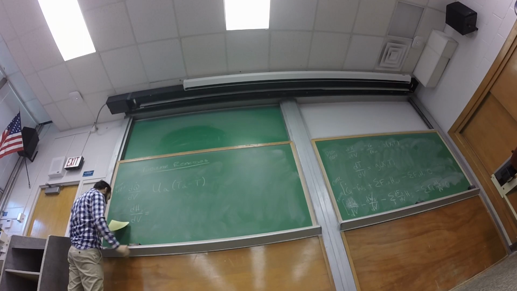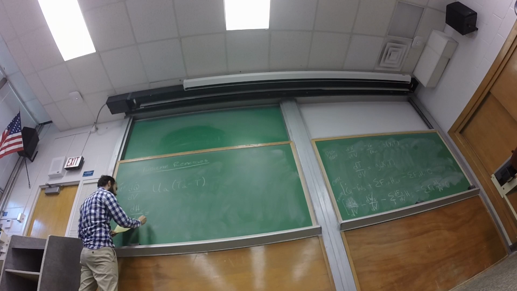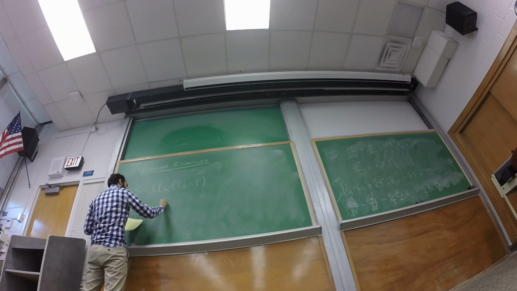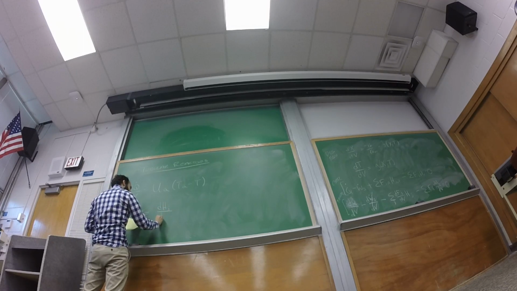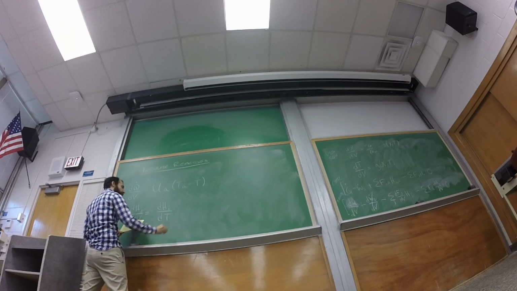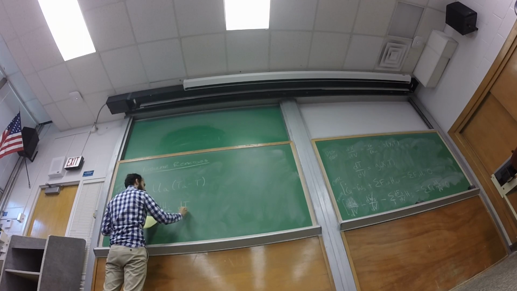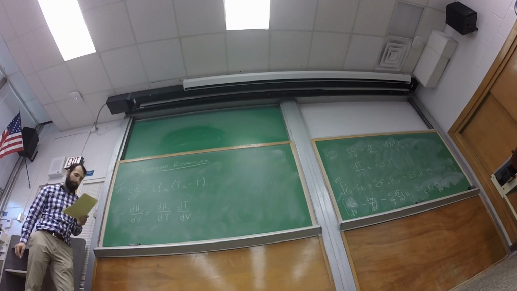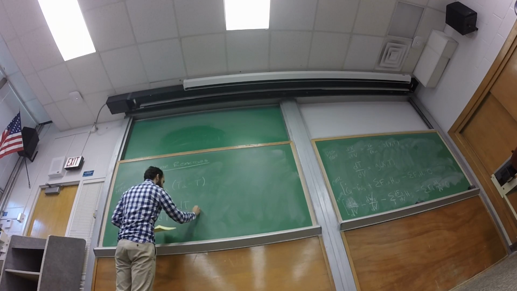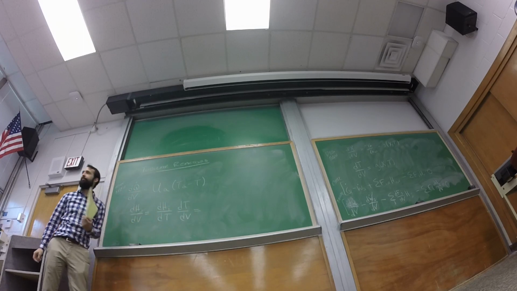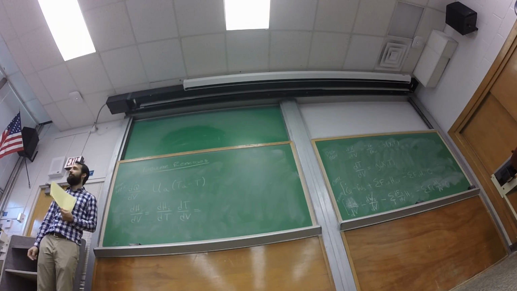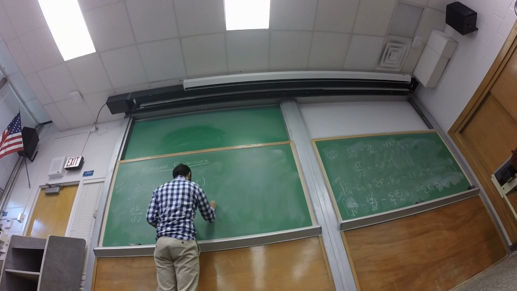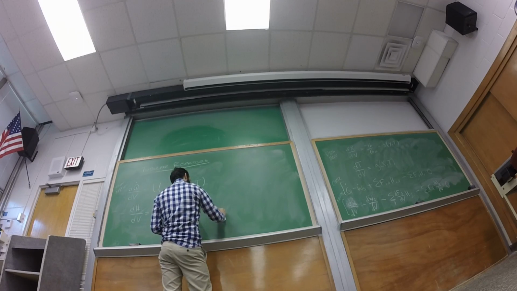The change in the enthalpy of the stream with volume, I can write as the change in the enthalpy with temperature times the change of temperature with volume. What is that? Heat capacity, right? So there's your thermodynamics review for the day.